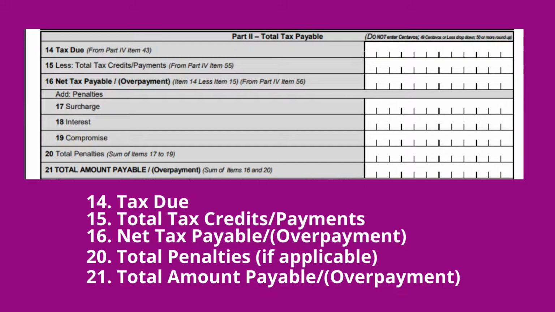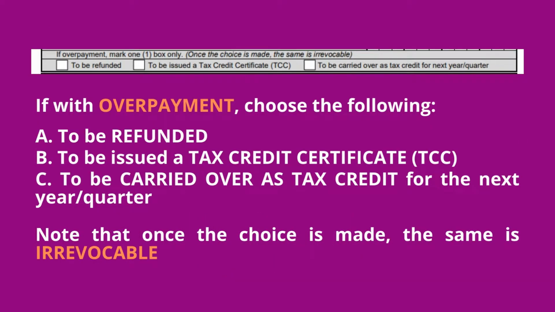Part 2 sa atong return, dili makita ang tax due, ang total tax credit, ang net tax payable, and if applicable, ang penalties, then the total amount payable. As to computation, we will further discuss it in the video. Then, sa lower part sa atong return, papiliun ta if overpayment ang atong tax due, whether we want it to be refunded, to be issued a tax credit certificate, or to be carried over as tax credit for the next year or quarter.